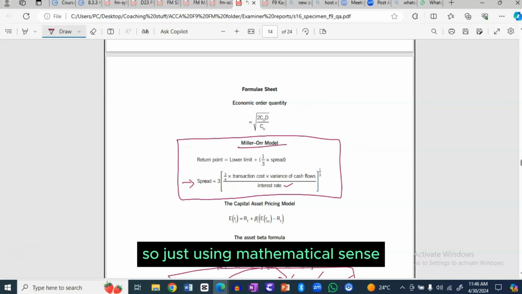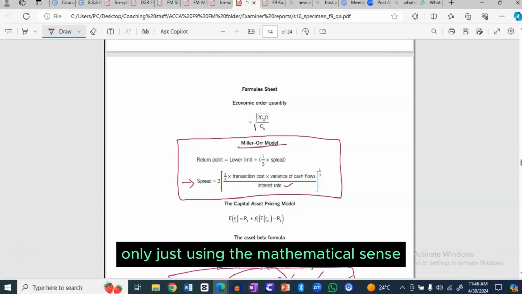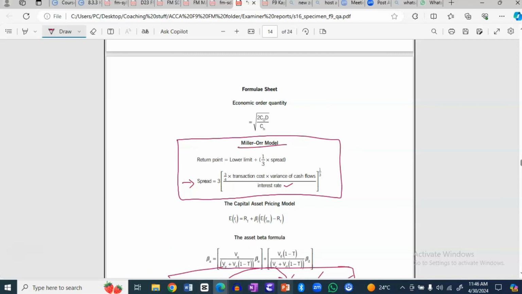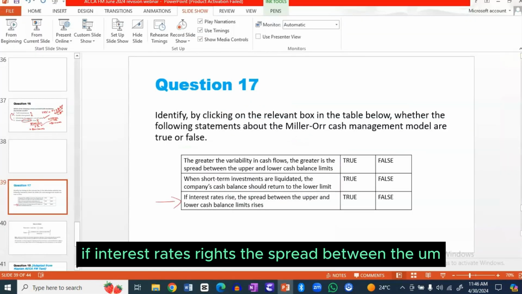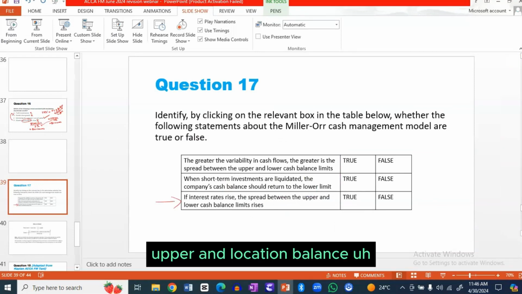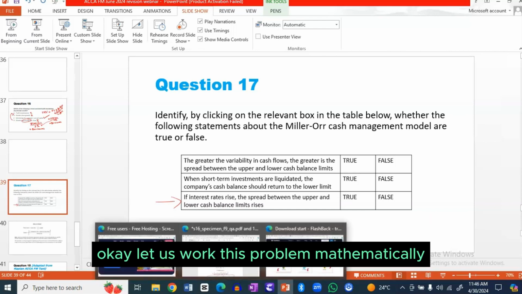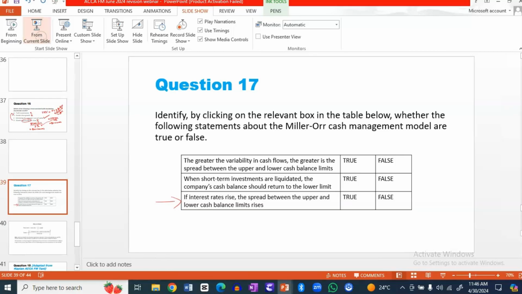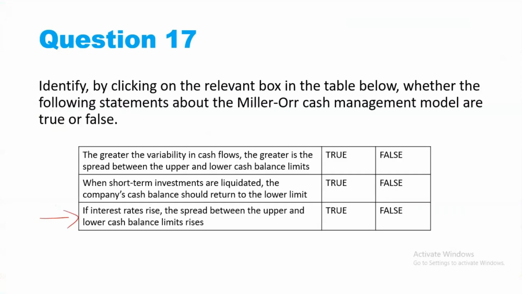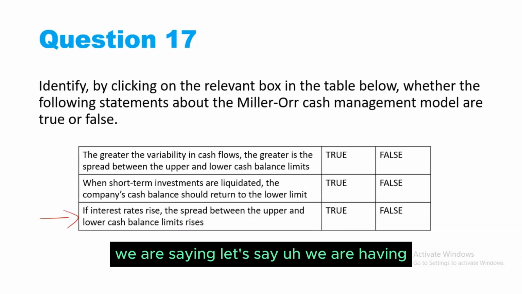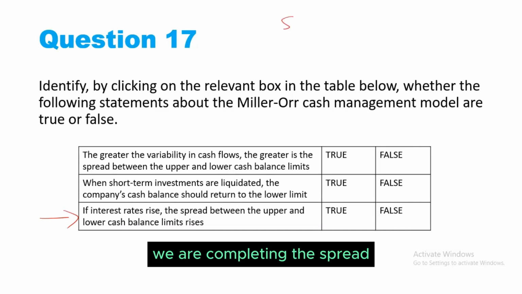So just using mathematical sense only. If interest rates rise, the spread between the upper and lower cash balance limits rises. Is this true? Let us work this problem mathematically. We are calculating the spread.